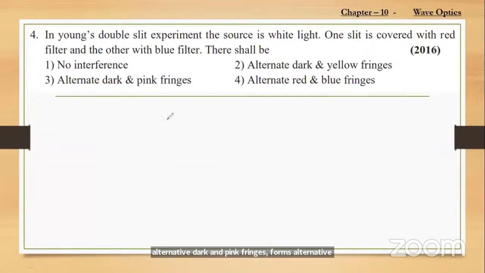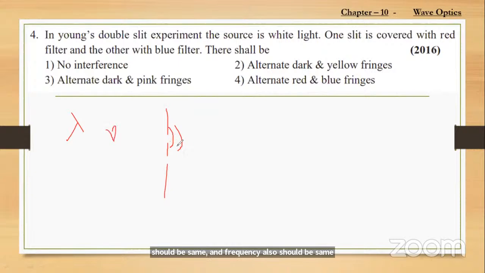Remember what is coherent. Young's double slit experiment says that when two waves have the same wavelength and slightly different amplitude, if there is a difference, no problem, but the wavelength and frequency should be the same.